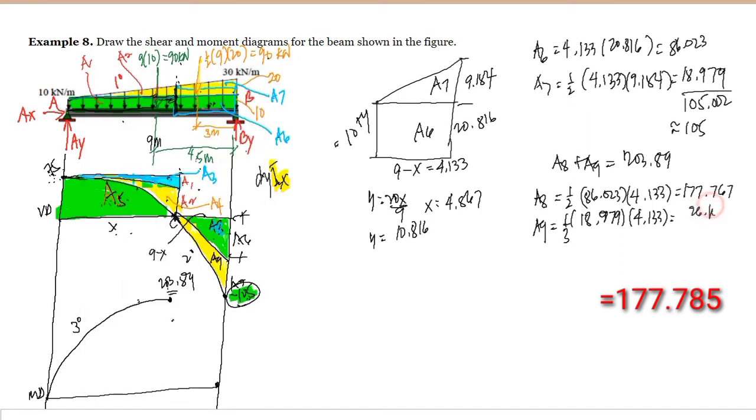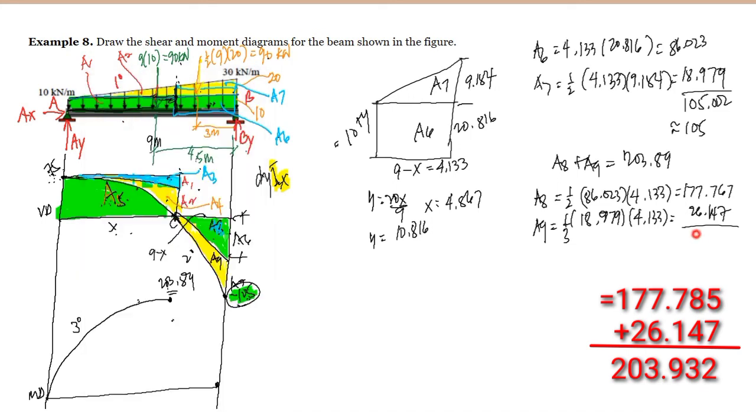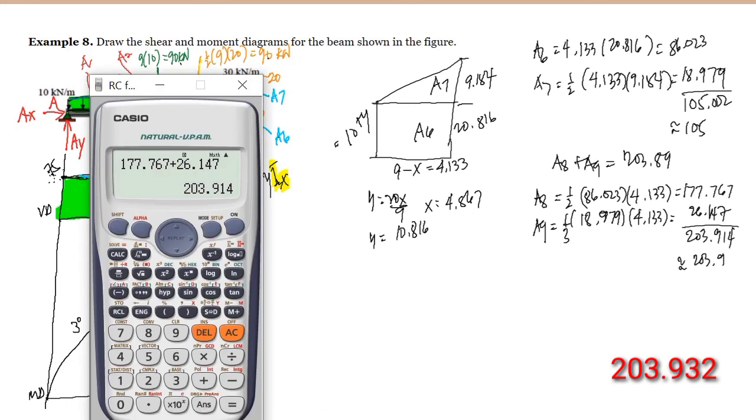So check natin yung sum nitong area 8 and area 9. So we have 177.767 plus 26.147, and we have 203.914. Approximately this is 203.9. Now, kung i-round off din natin to na 203.9, therefore magko-close na siya. So maliit lang yung error natin.